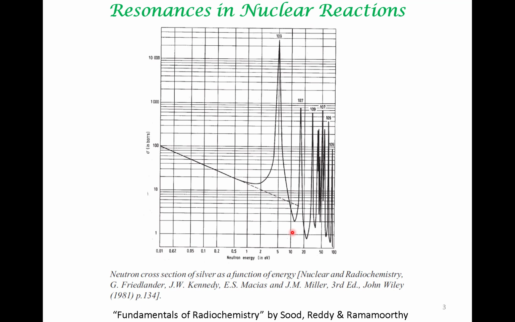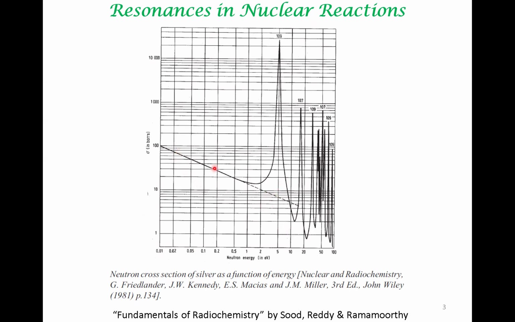These are extremely important in many areas of science, both in physics and chemistry, not just in nuclear reactions, but in many other places where energy transfer occurs. All we can say qualitatively is that energy transfer becomes much more efficient at some specific energies. Therefore, the cross section increases.